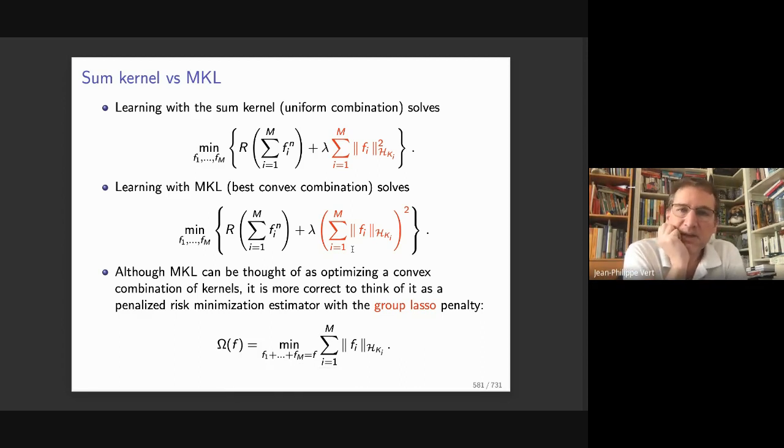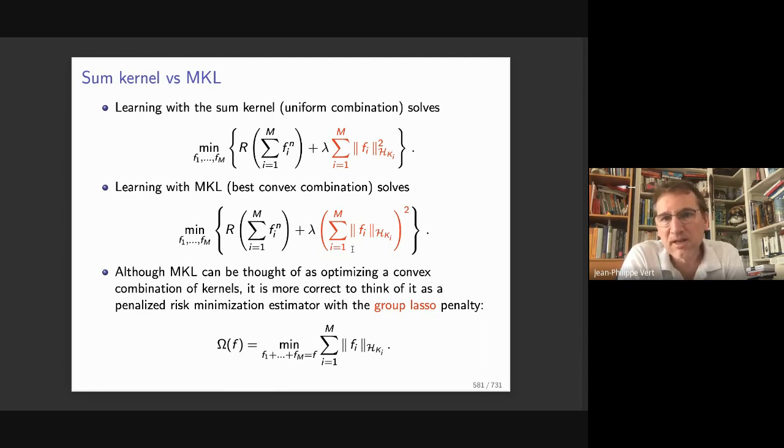Okay. So you might ask, does it matter? Is there any difference between the two? In both cases, you want the norms of the f_i to be small, but actually there's a big difference, and I will not spend too much time on it because either you know it or you don't.